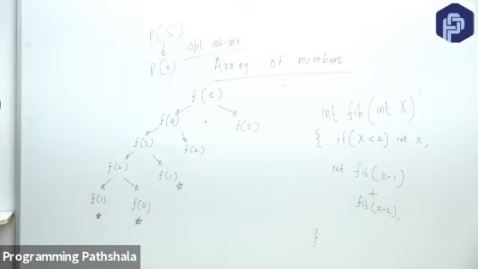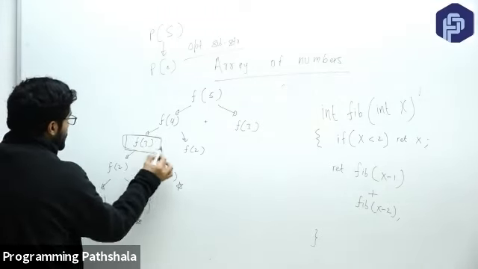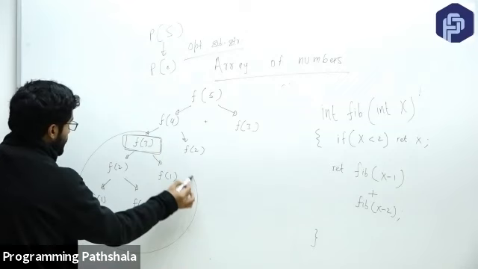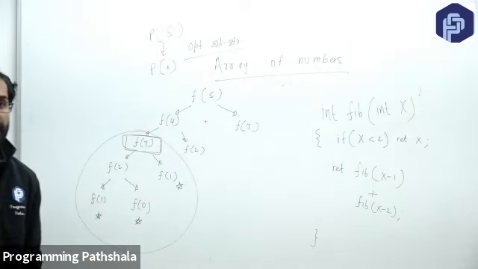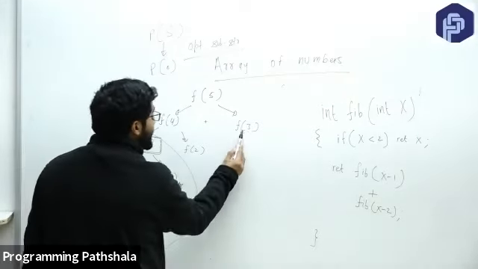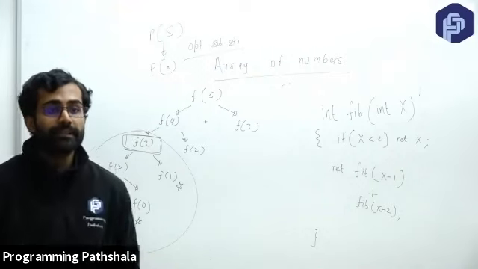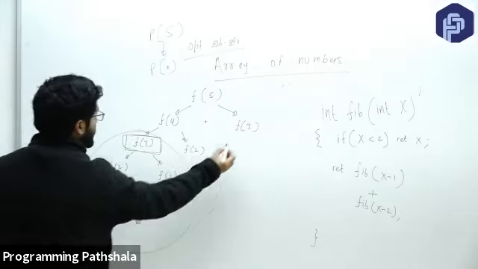Okay, can you see one thing over here, that when I am here, I have done this much amount of work to figure out the value of the third Fibonacci number, right? And when I am here, again, I would end up doing the same thing. I would have to do this amount of work here again.